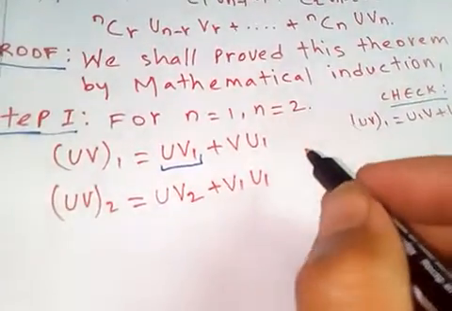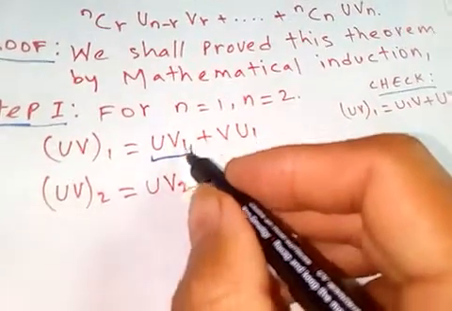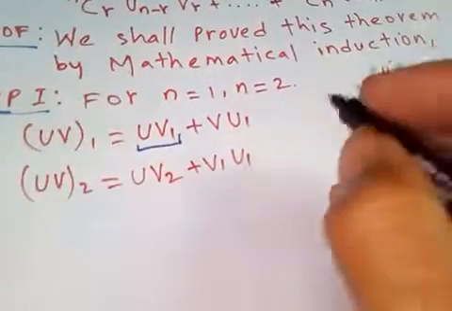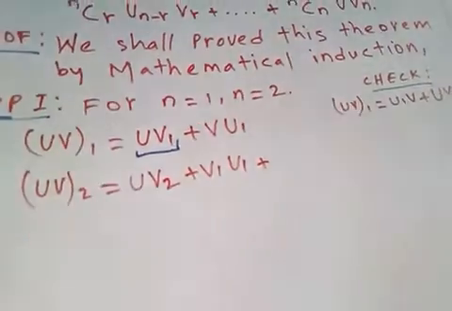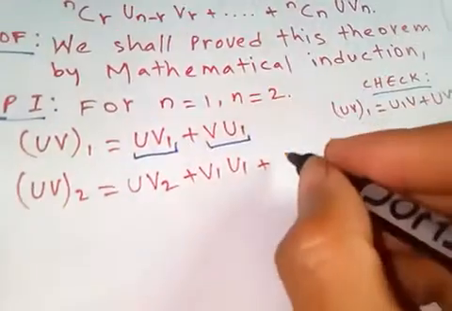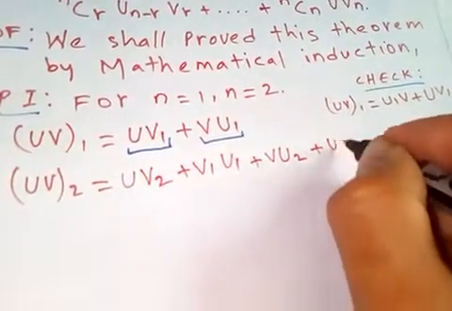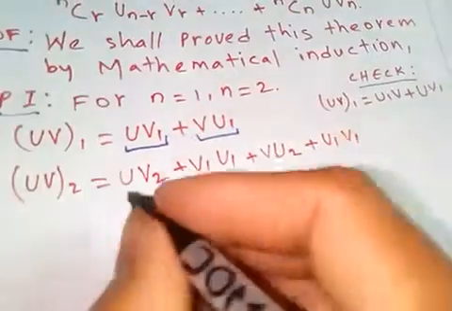Since we took the derivative one time already, here it will be 2 times, plus from the other term, first function times the derivative of the second function plus second function times the derivative of the first function.